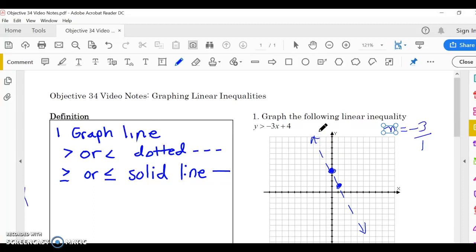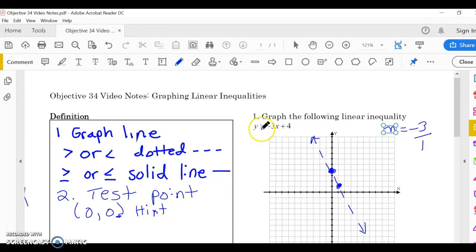Now step 2, we're going to test a point. And the good point to test is 0, 0. So that's your hint. Test 0, 0. So when we test 0, 0, we're going to plug in 0, 0 for y and for x.